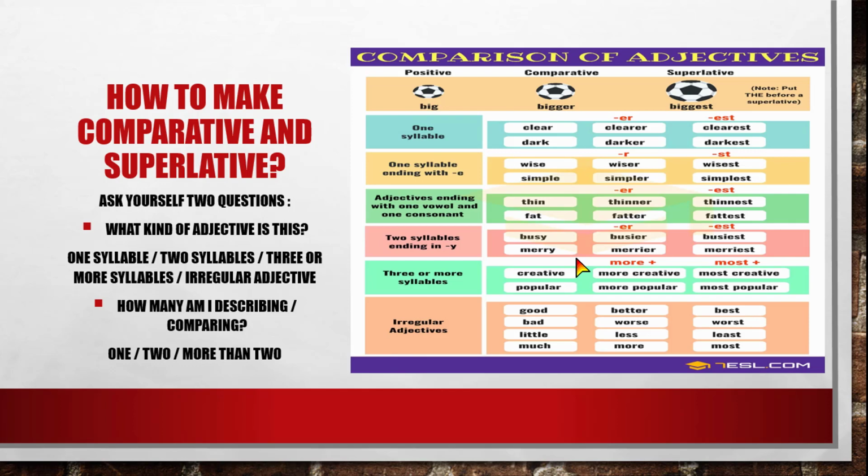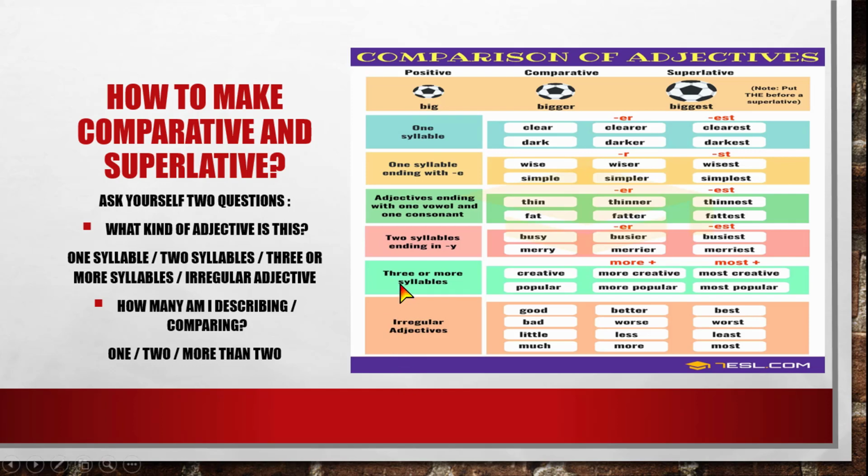What about the long adjectives? Adjectives like creative, popular, expensive, intelligent. These adjectives are so long that you cannot add ER or EST. There is a different rule for these adjectives.